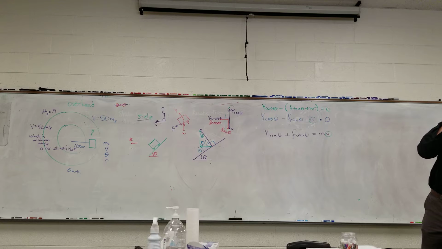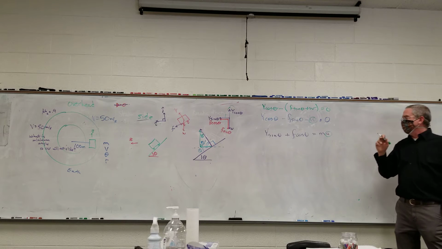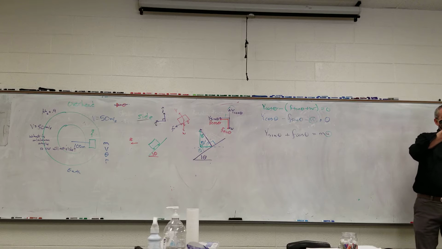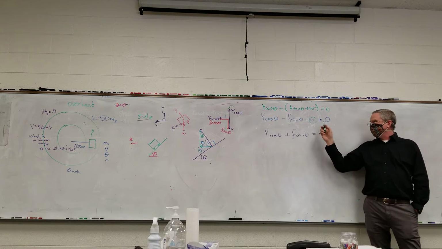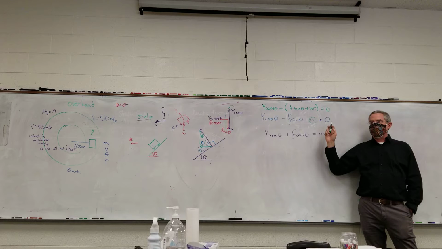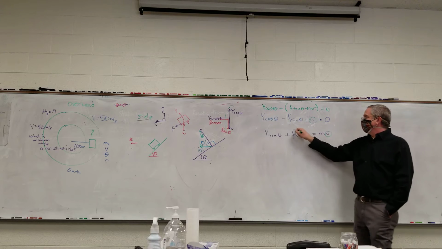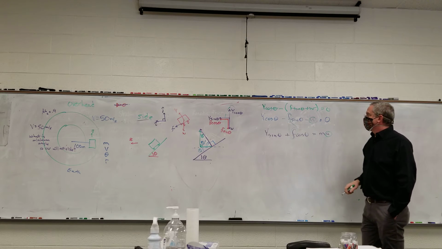Looking for the other, we could use omega squared r, still v squared over r I think is going to work better here. The other variable for which we have an independent formula. It's not normal force. And there it is, friction. So we have a formula for friction here.